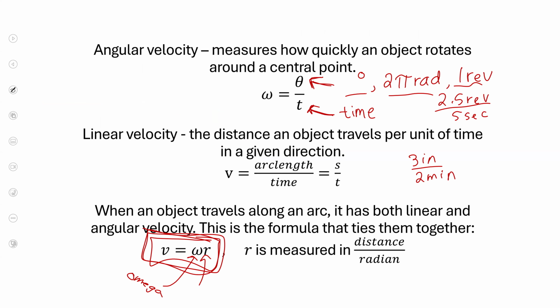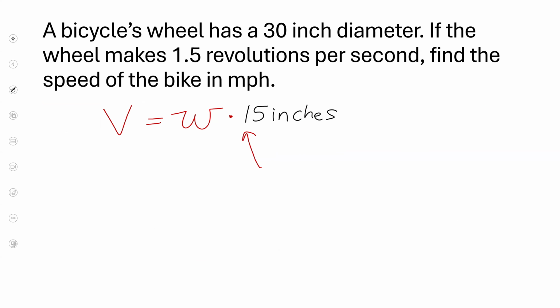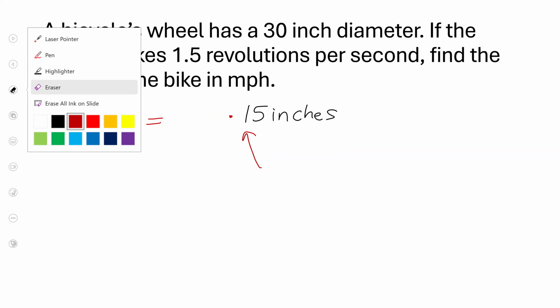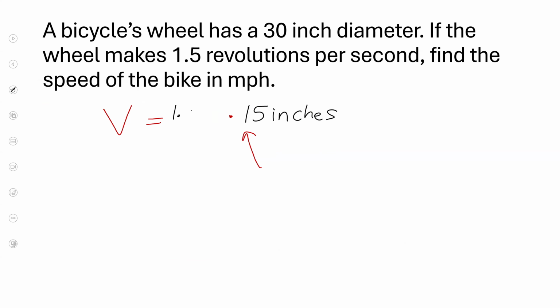So we're going to use revolutions over time. They said it's 1.5 revolutions per second. So I'm going to substitute my omega with that, 1.5 revolutions per second. And I need to solve for linear velocity, v.